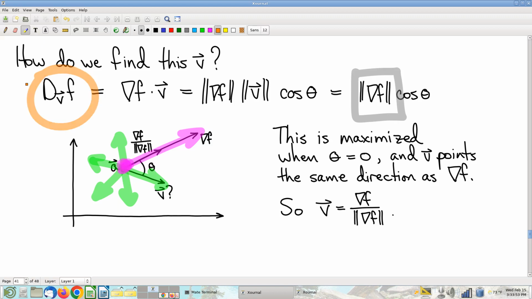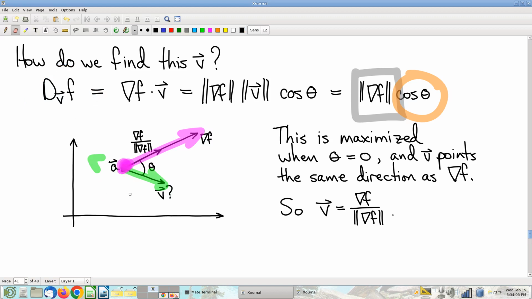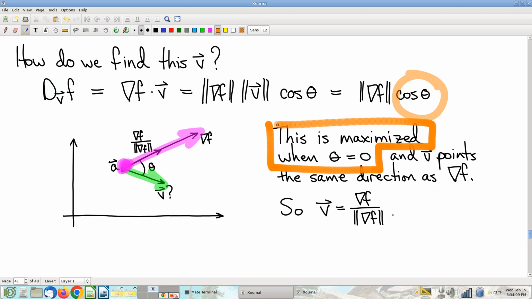So all of a sudden, this question's gotten much streamlined. To make this directional derivative as big as possible, all we need to do is figure out how to make cosine theta as big as possible. And that's an easy trig question. Cosine theta is as big as possible when it's equal to 1, which happens when theta is equal to 0. And don't forget theta is this angle here.